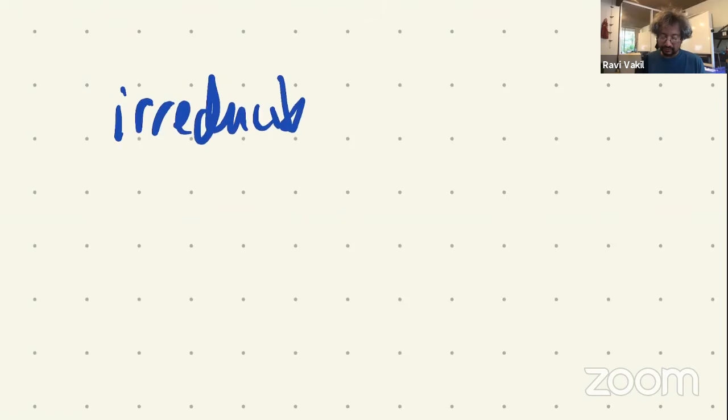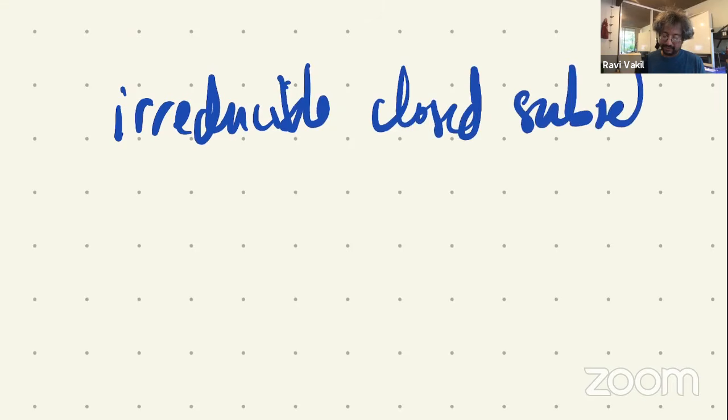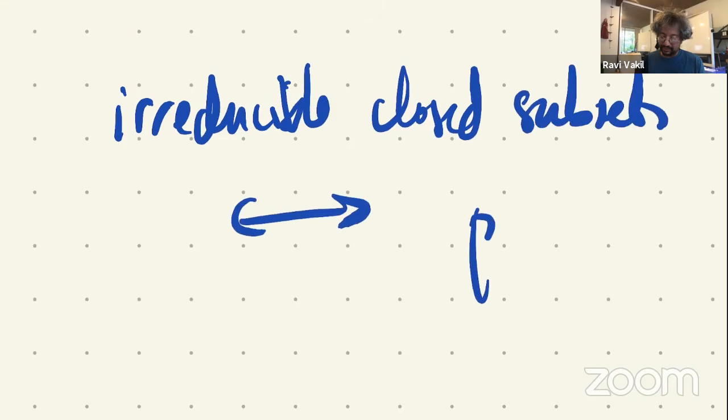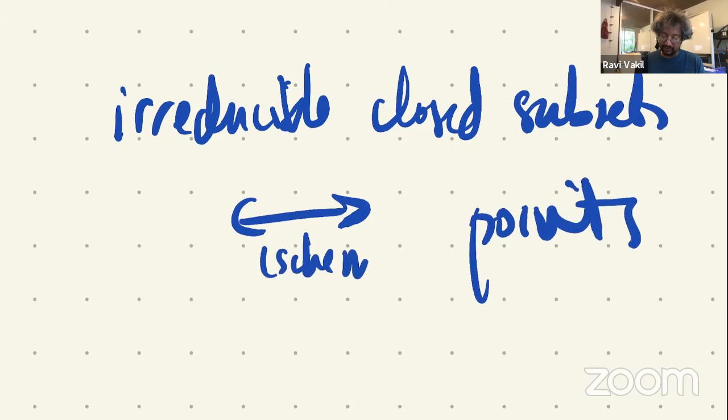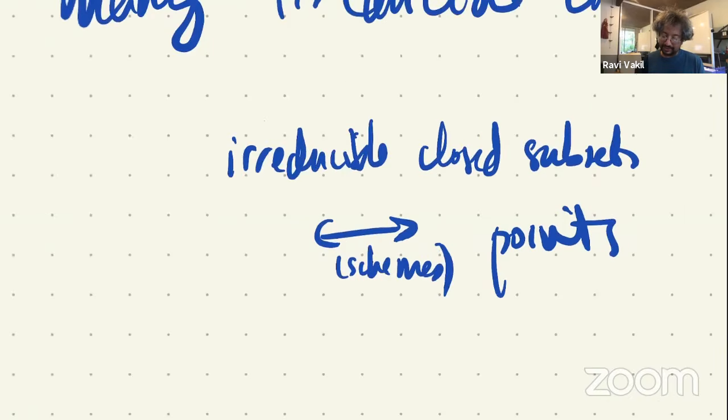And the one additional thing which comes up, which is also true, which is worth saying, is that you continue to have irreducible closed subsets corresponding to points. This is one of the few times when I'm talking about schemes, not varieties.